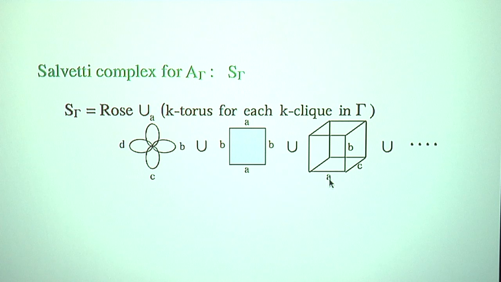And if I have a k-clique in the graph, then I'm going to throw in a k-cube. But it's actually going to be a torus, because the opposite sides will be identified, since these edges all have the same vertex. So it's just a union of a bunch of tori. Every clique in the graph gives you a torus.